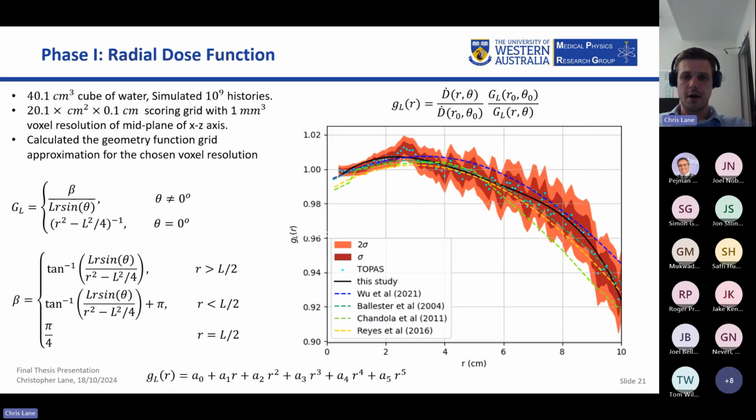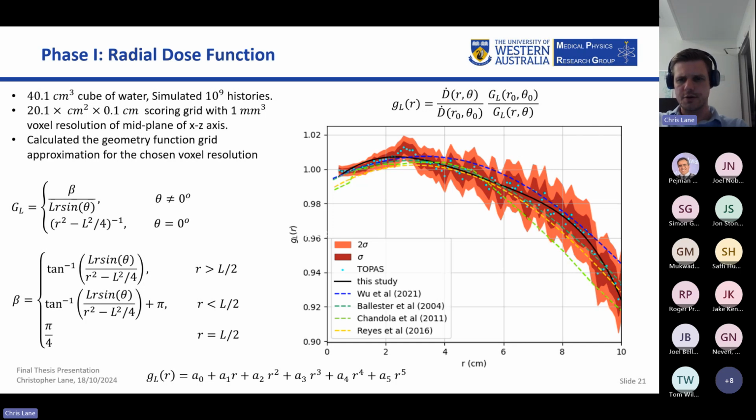And so I plotted all this on a graph and compared it against some papers. I found that within 2 standard deviations, it seems to agree relatively closely. The black line is the spline fit I made.